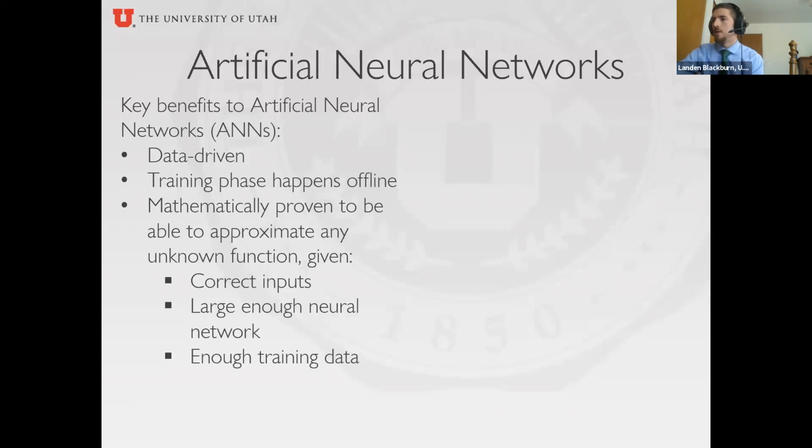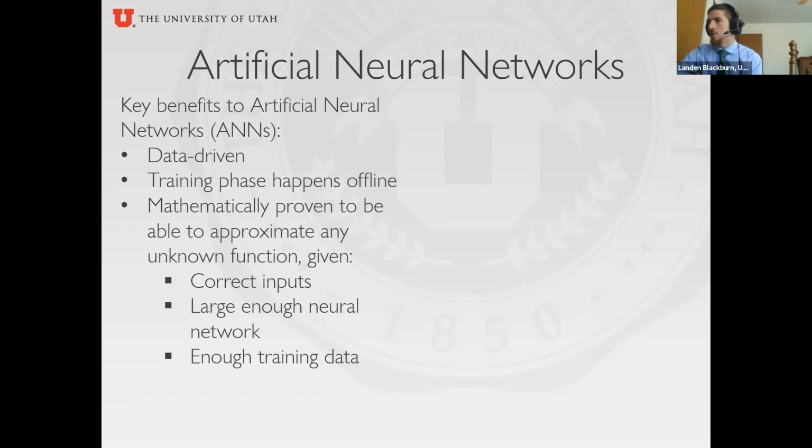A lot of the computation cost of them happens in the offline training phase. So before you go to actually use it, you take your data and you do a one-time training that adjusts the neural network to where it starts predicting accurately. And then you have a relatively inexpensive evaluation of that neural network to get your model prediction.